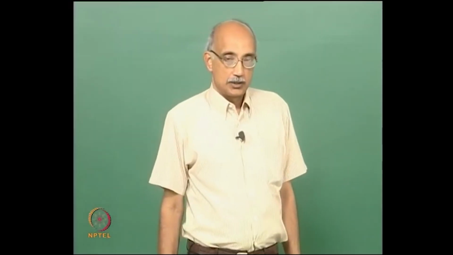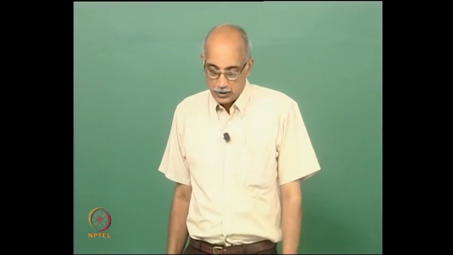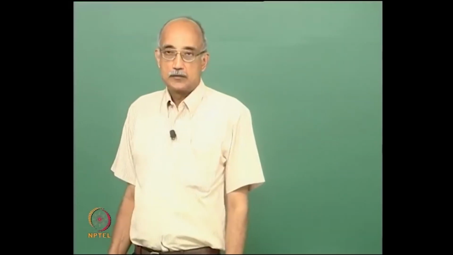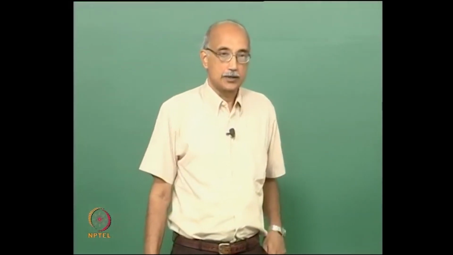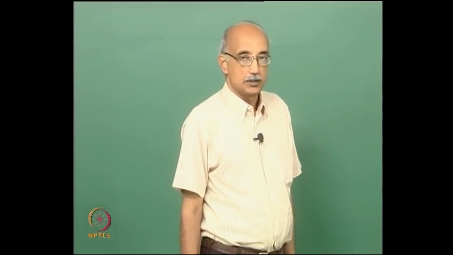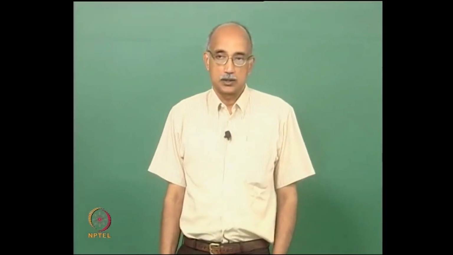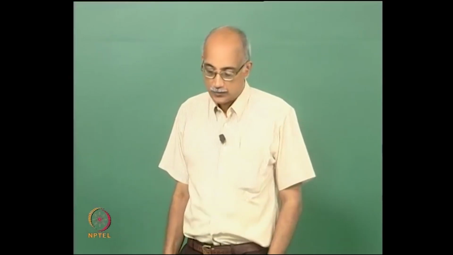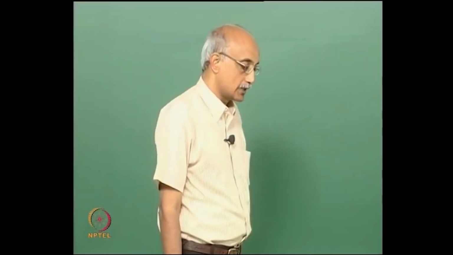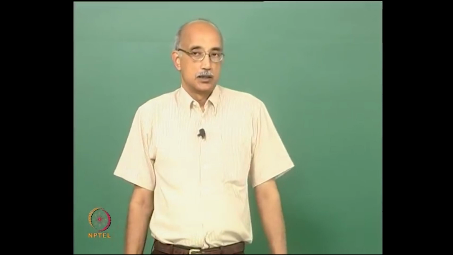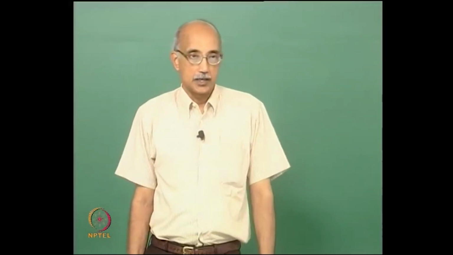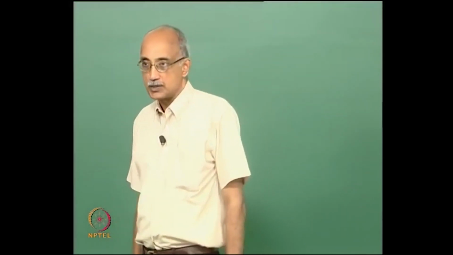Welcome to the 9th lecture in our particle characterization course. In the previous lecture, we discussed light scattering characteristics from a single particle and how that could be used to estimate the size of the particle. One of the key points when we try to use light scattering as a way of size measurement is the fact that the scattering intensity scales as the particle diameter to the power 6.